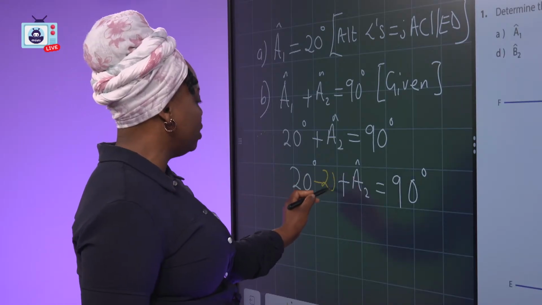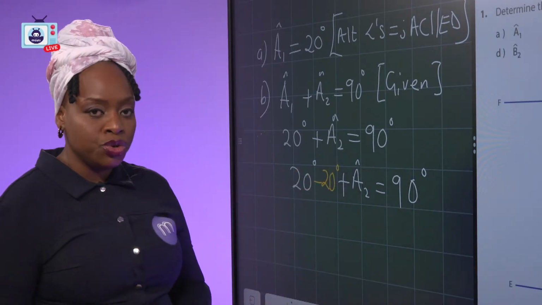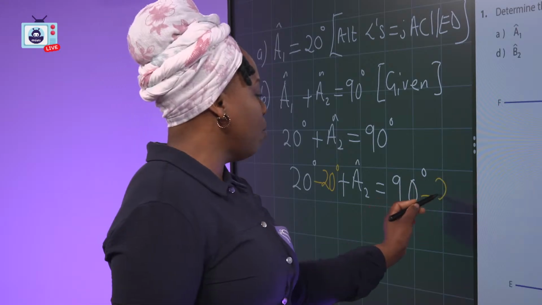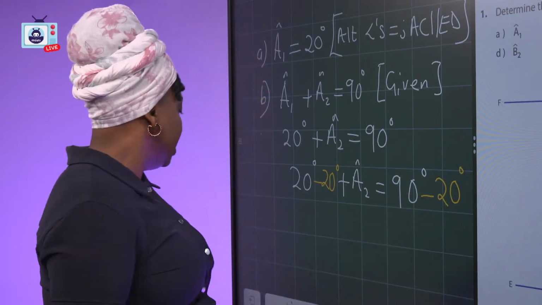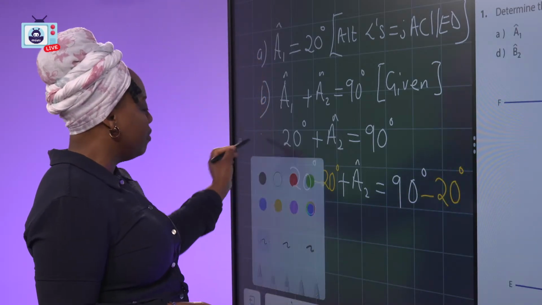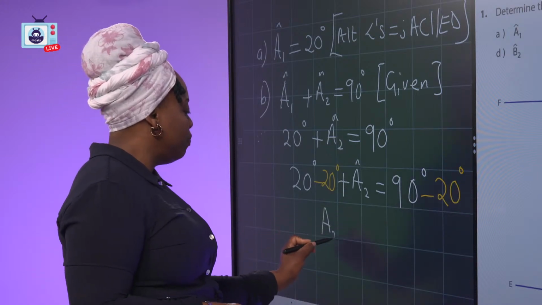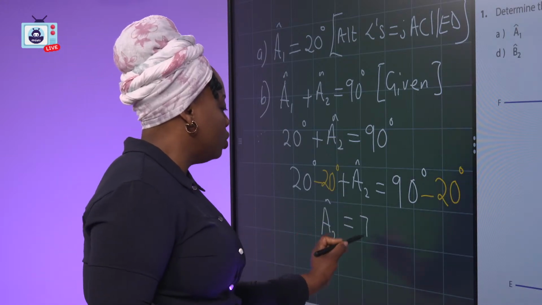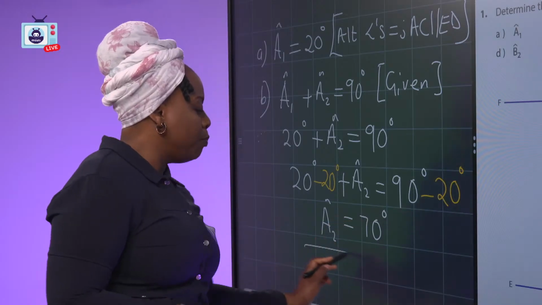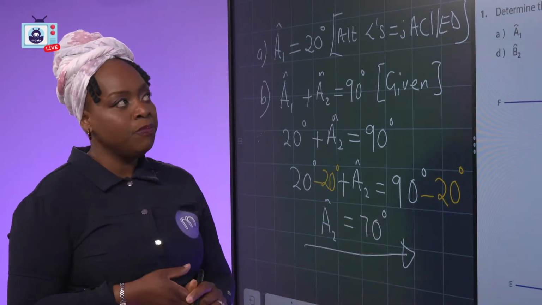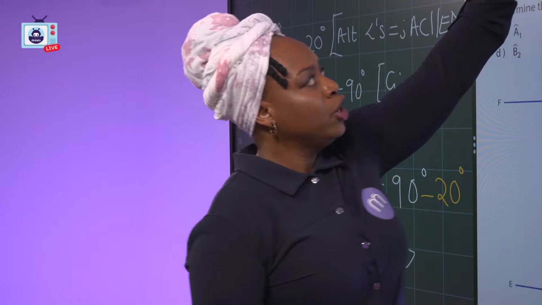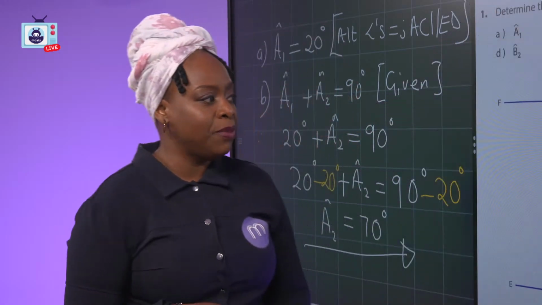So that's minus 20 degrees. What I do on the left, I always must do on the right side. So that means I'm going to have my A2 equals 70 degrees. With practice, this becomes your second nature. You will be able to do it right by yourself.